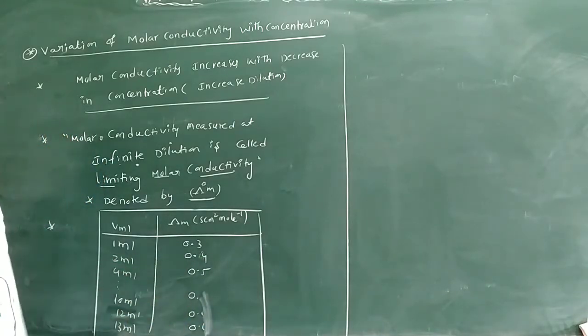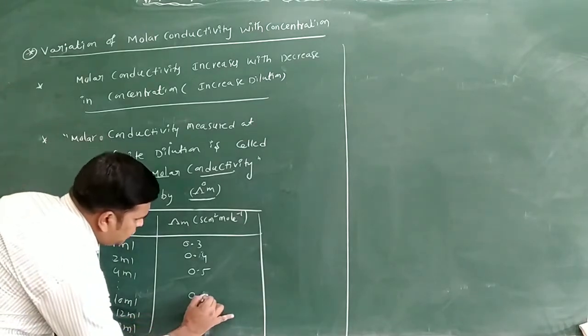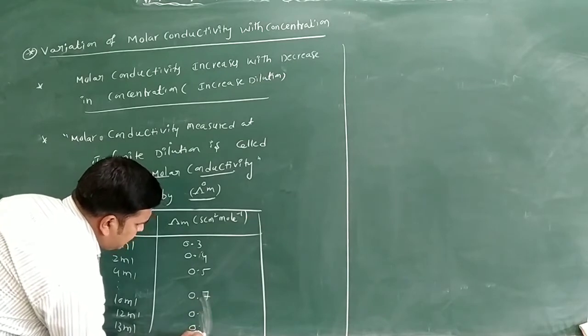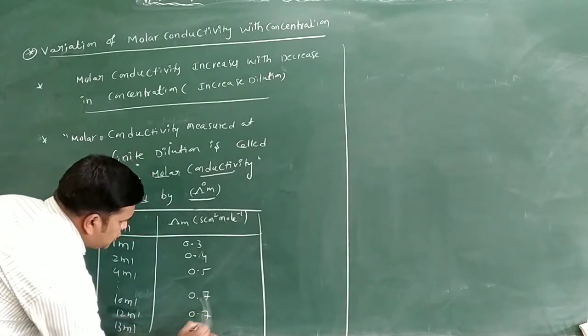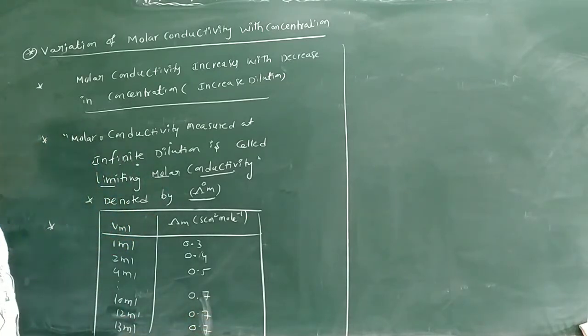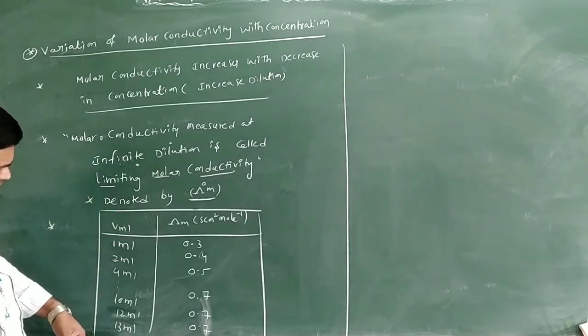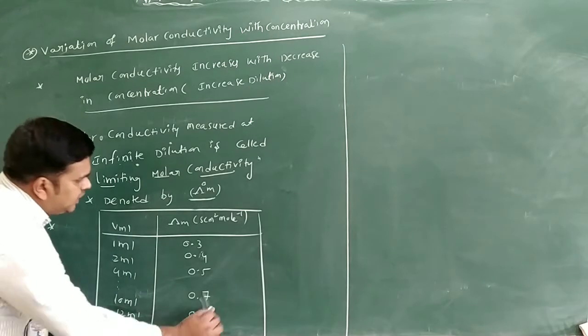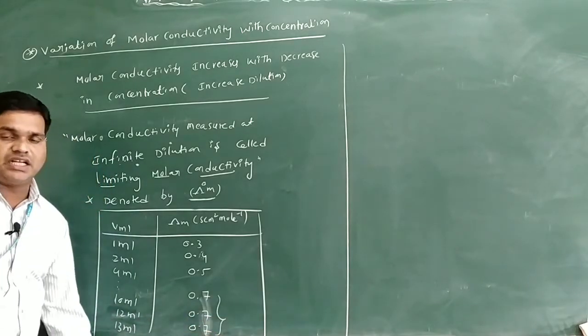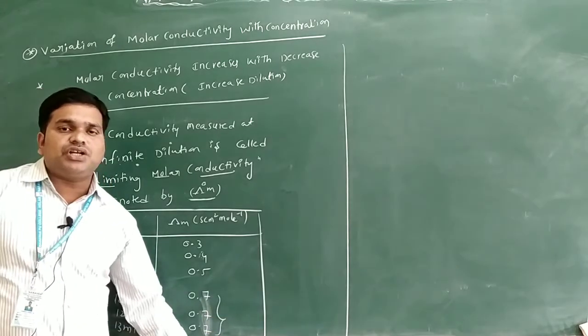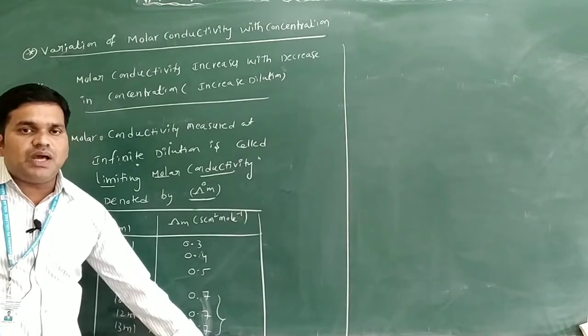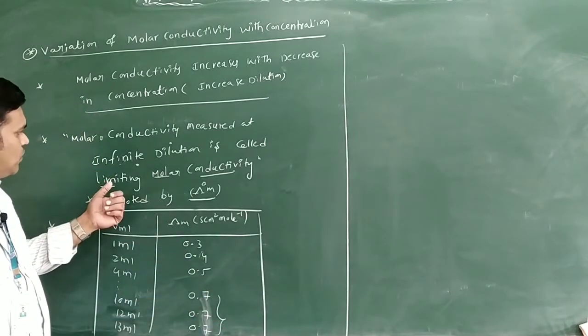At 4 ml, it becomes 0.5. After adding 10 ml of solution, it becomes 0.7. After 12 ml, 0.7; after 13 ml, 0.7. Means you can increase the volume by 10 ml, 12 ml or 13 ml, there is no change in the molar conductivity. This is called a saturated value only. This saturated value, what are we calling it?